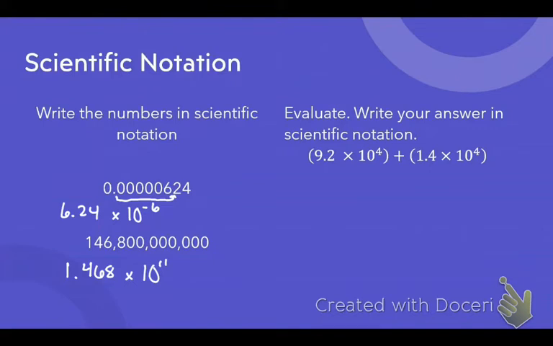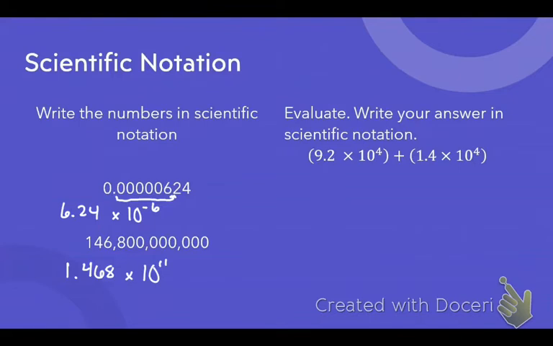All right, next one. Evaluate. Write your answer in scientific notation. So don't take the numbers out of scientific notation. What operation is happening between the numbers? What operation do you see? It's addition. So when I'm adding and subtracting, what do I need to check for? Common bases. Not common bases, but common powers, common exponents.